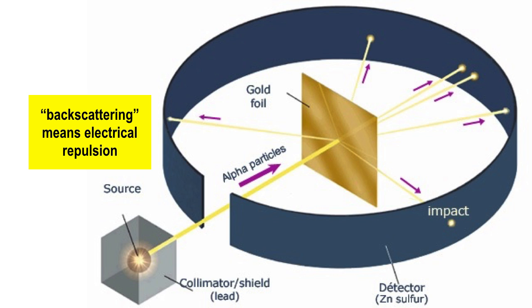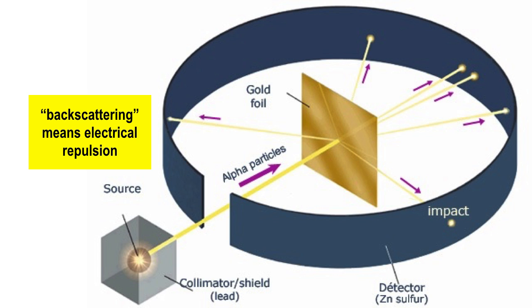We would not have deduced that without observing backscattering of the alpha particles. So a backscatter is anything that deflects it more than 90 degrees. So if it comes in straight and it goes 90 degrees right, that's a 90-degree scattering event. If it goes in straight and scatters 90 degrees to the left, straight to the left, that's a 90-degree scattering event.